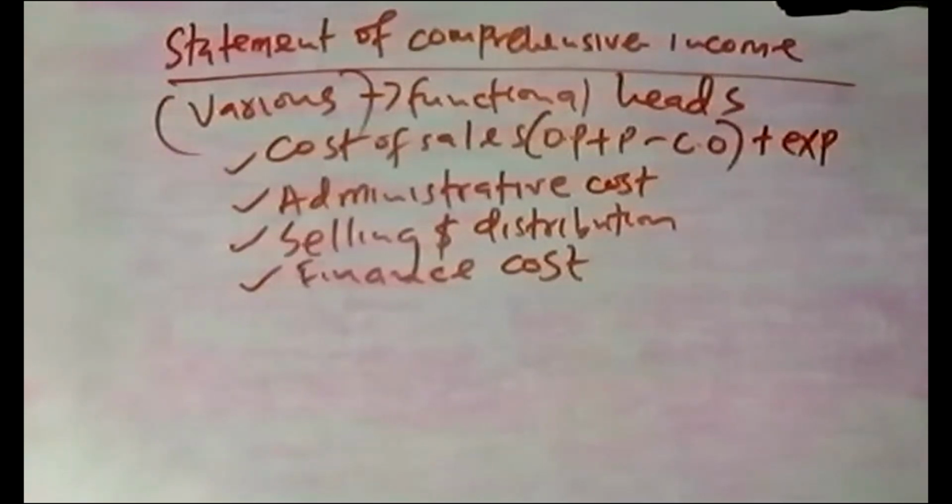Selling and distribution are the expenses which facilitate the sales which the company is making, like commission you pay to your agent and so on. Finance cost is interest related expenses. So these are about the income statement, where expenses are classified under functional heads.